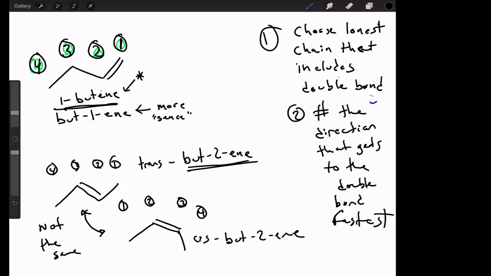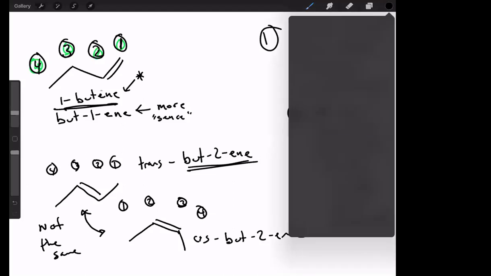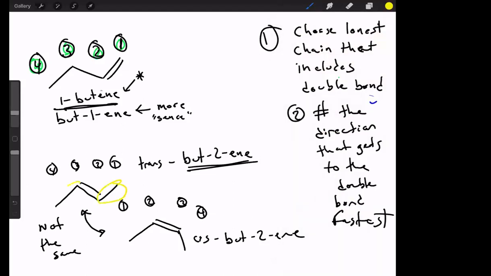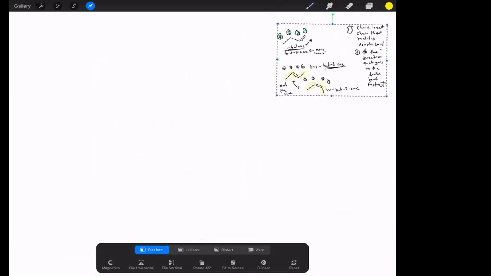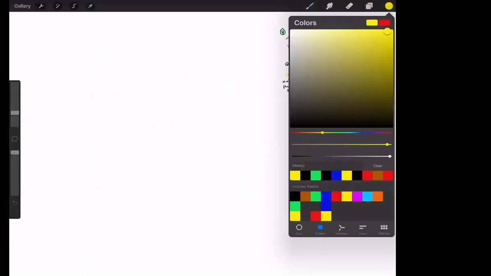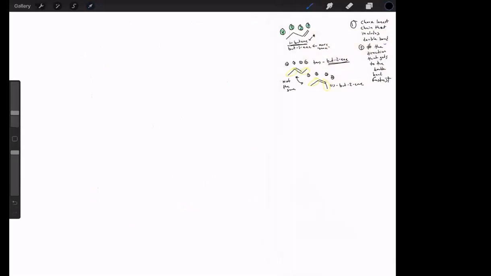When the two groups on either side of the double bond are facing opposite directions, that's trans. When they face the same direction, that's cis. Stop me if you have any questions. Let's try something like this.